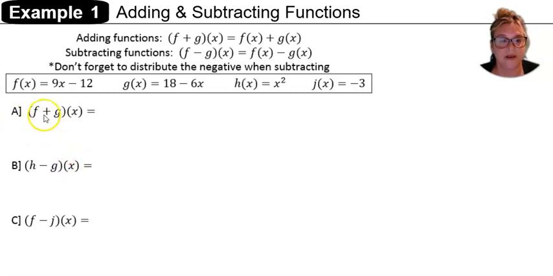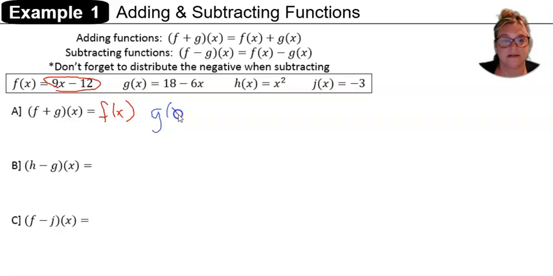So in A, we have the function f plus the function g, and they're being evaluated in terms of x. So this notation means the same thing as f of x, which I'm going to use red, and then we're going to add to that g of x, and I'm going to do blue for g of x.